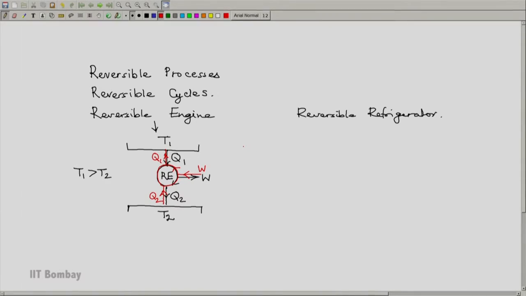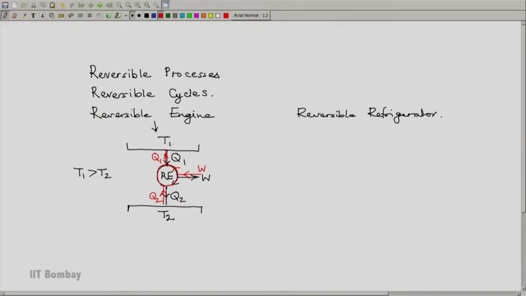And that means such an engine, if I make it execute one cycle as an engine and then one cycle as a refrigerator by reversing its operation, then what will happen? The reservoir at T1 would have supplied Q1 to the engine.